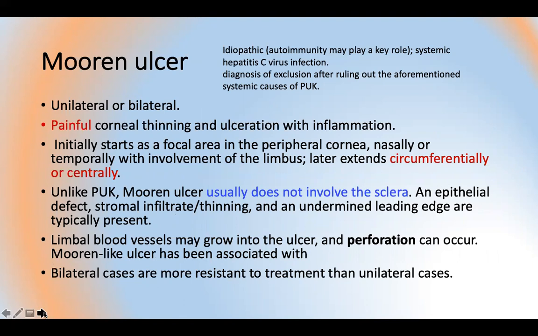It can present unilateral or bilateral. It's painful. It spreads circumferentially or centrally, so it can extend like an arc or go through the center of the cornea. But an important feature is that it will not involve the sclera. It can cause perforation.